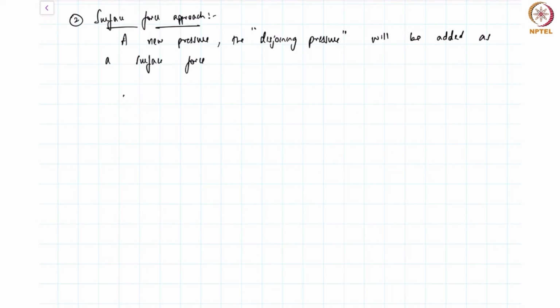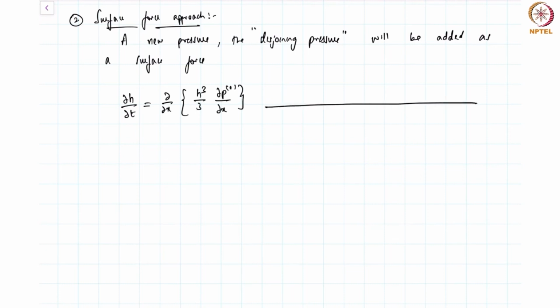The thin film evolution equation was given by del H by del T is equal to del by del X of H cube by 3 del P0 by del X. Remember, the problem that we were looking at was a flat substrate over which there is a thin film given by the equation y equals h of x comma t.